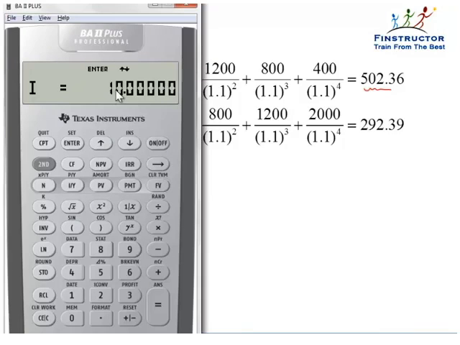At 10% we've already calculated. Let's see how much the NPV would be if the discount rate was 15%. So press the button 15 and press enter. Scroll down and press compute. The NPV comes out to be 227.3 at 15%. So we can make note of that.